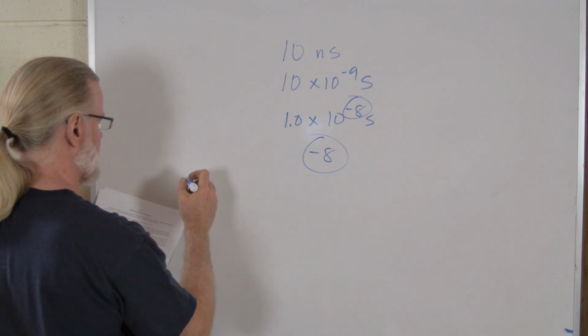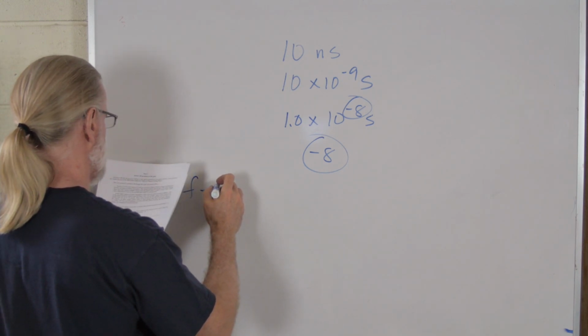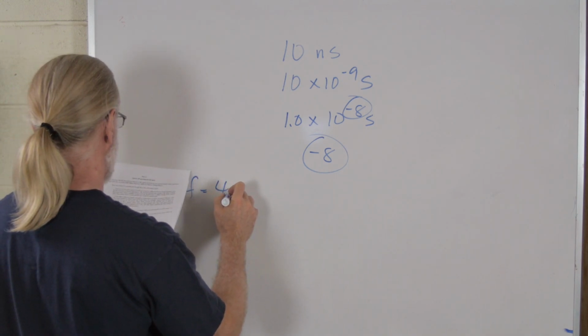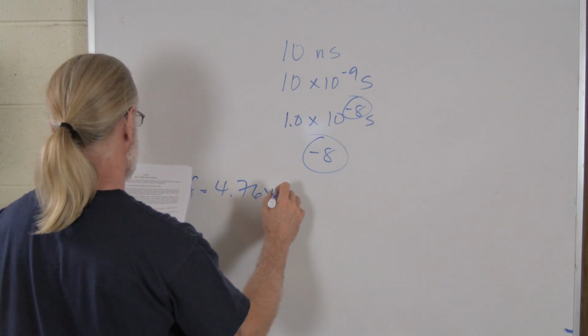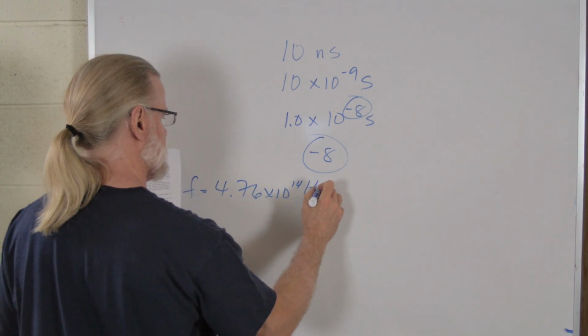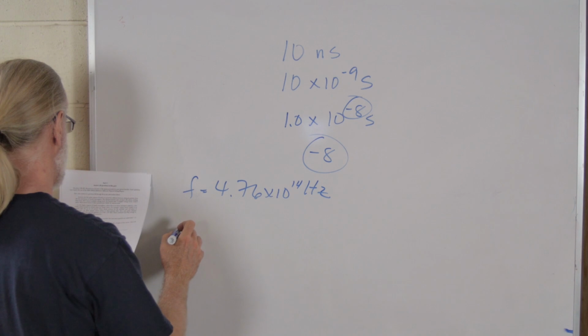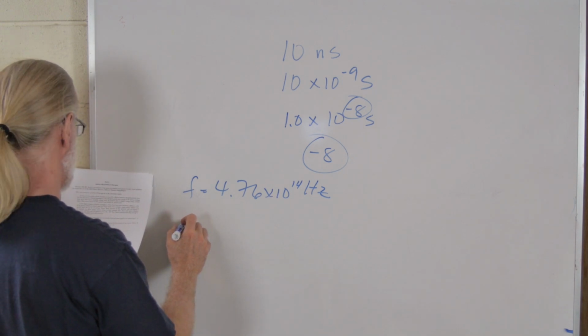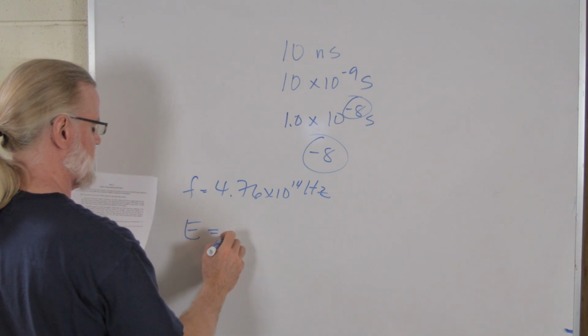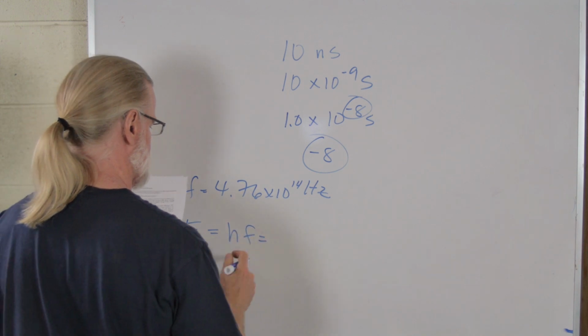All right, so we have the frequency of the red glow. The frequency is 4.76 times 10 to the 14 hertz. And we want to know the energy in joules. Energy of a photon equals Planck's constant times the frequency.